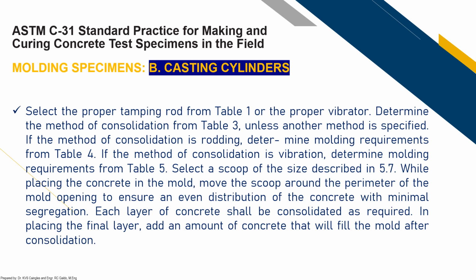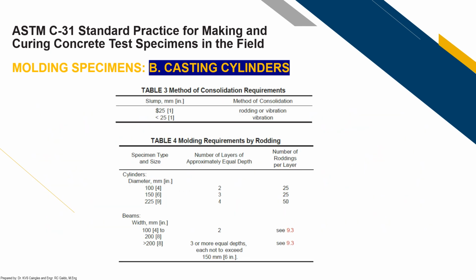Okay, so as to the rodding or vibration methods, we refer here to this table. Now, as you cast cylinder samples, we have Table 3 here, wherein you are going to choose from those two modes of consolidation.